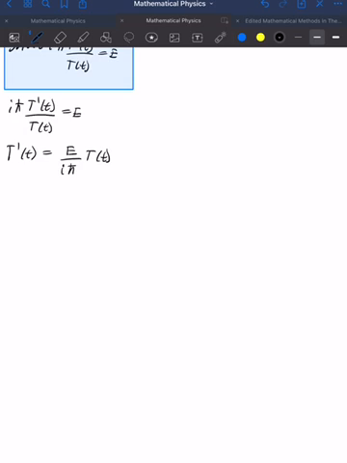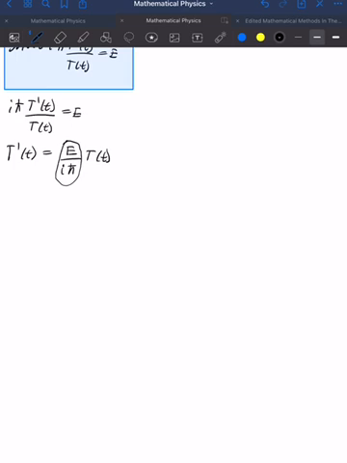And if you notice, T prime of t is directly proportional to T of t by some constant, where this constant is E over i h bar. So from calculus, you know that anything of this form, where you have the first derivative of a function directly proportional to itself, has the form of an exponential.